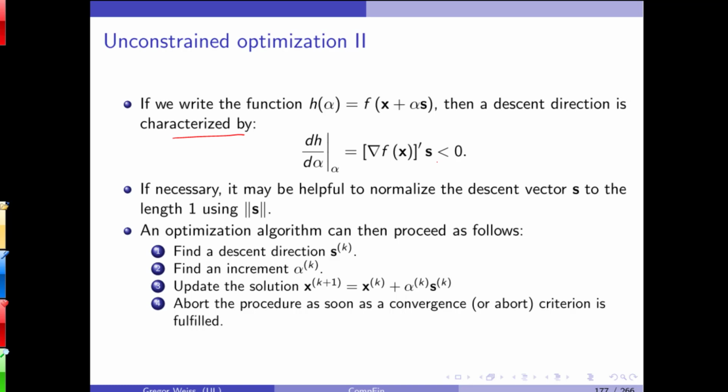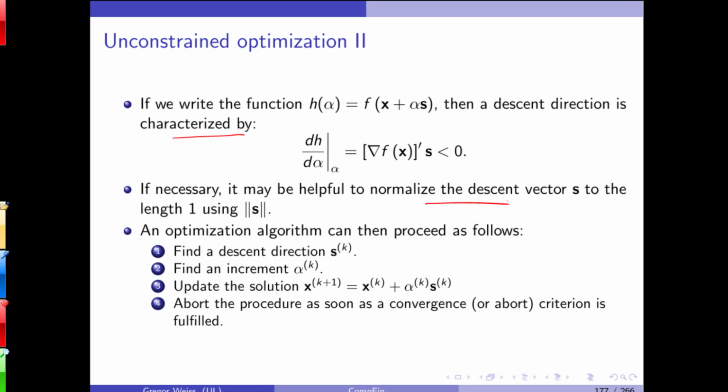So it should be a direction where the function value decreases if we go in the direction of s. If necessary, sometimes we need to normalize the descent vector to the length of s by using the norm of s. Then a simple optimization algorithm could look like this.